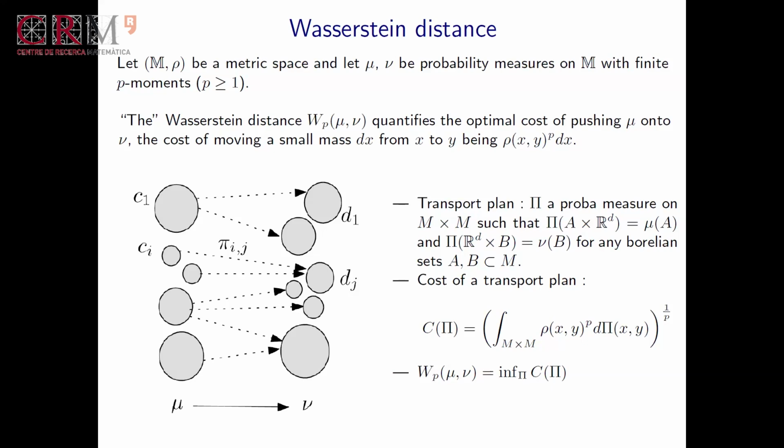You have a cost function which tells you how much it costs to move this unit of mass from a point X to a point Y. In Euclidean spaces, for example, it's classical to use the Euclidean distance to some power p. And now you try to find the optimal way to transport the distribution of mass of the first measure to the distribution of mass of the second one, at the minimal possible cost.